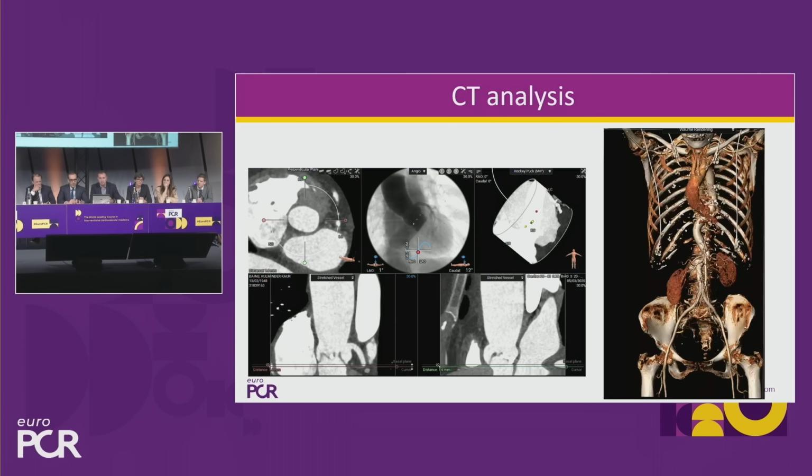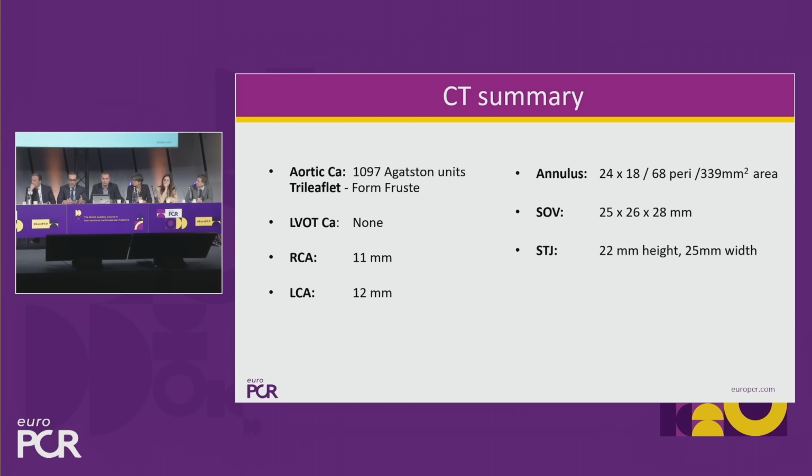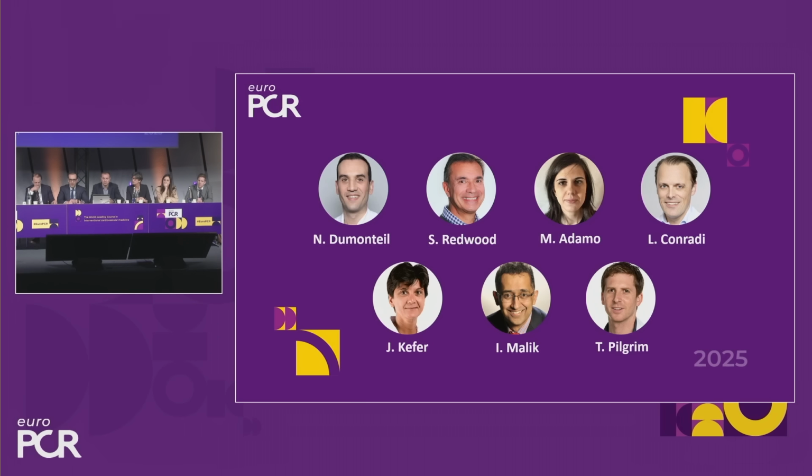Okay. So, yeah, if we summarize, we have, I think, quite an agreement and an obvious good indication for transfemoral TAVI, and an overall aortic root anatomy, which makes total sense for the choice of a Navitor, both from a valvular performance and also for a potential coronary access, and we'll see many events for the future.